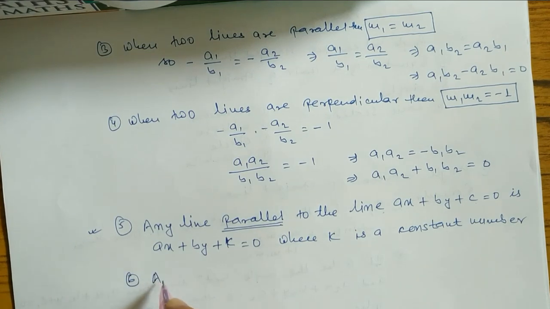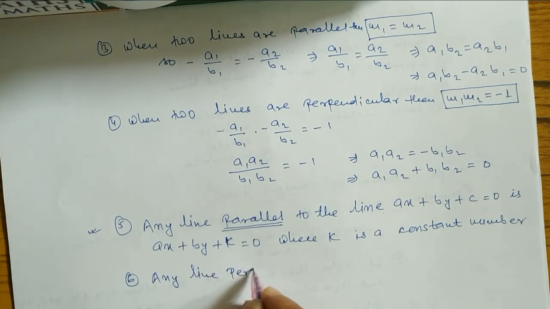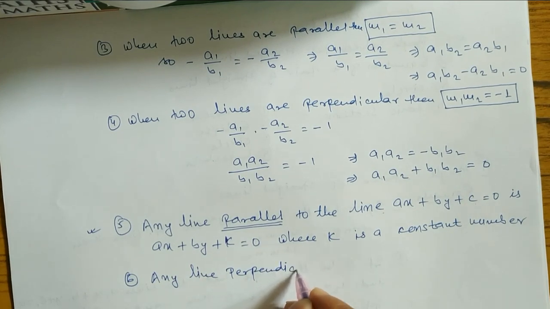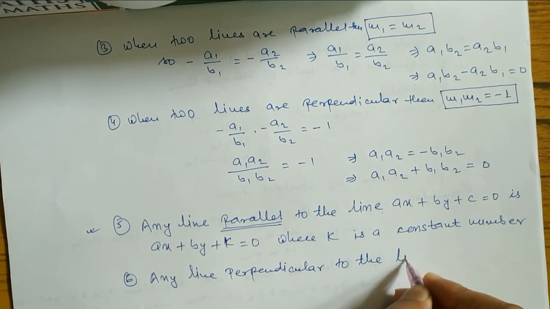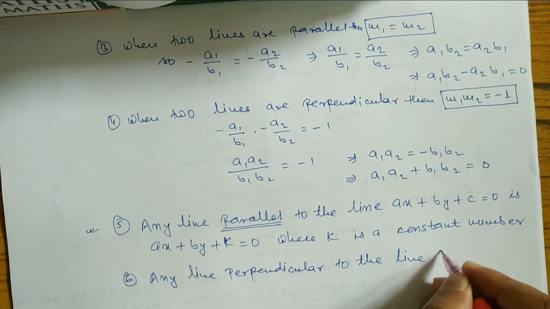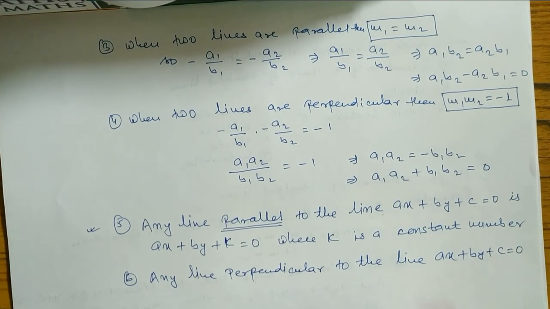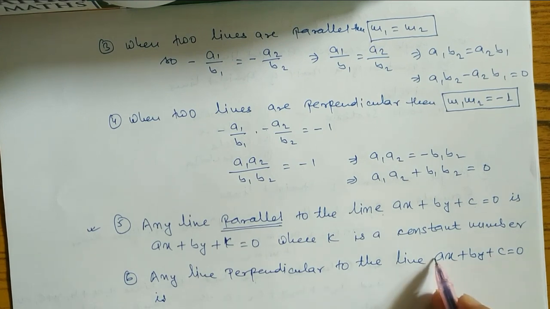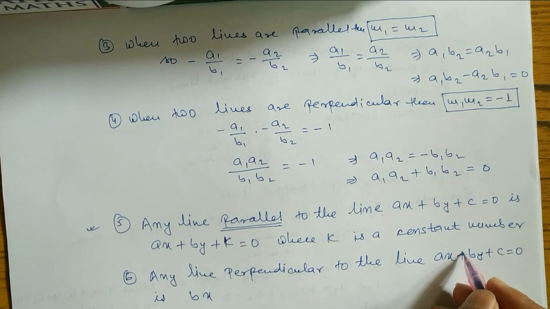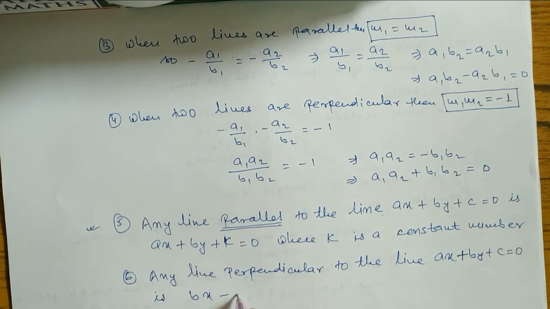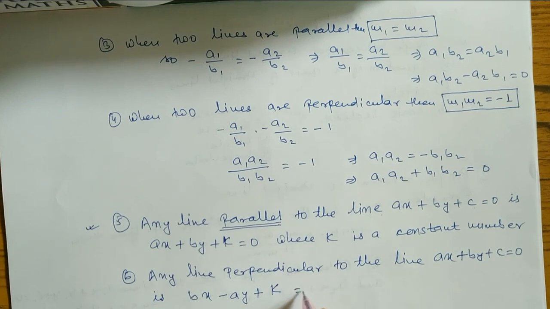Look at here. Any line perpendicular to the line ax plus by plus c is equal to 0, we have to interchange the coefficients of x and y. So bx, and in the place of plus we have to write minus ay, plus in the place of c we have to write k is equal to 0.